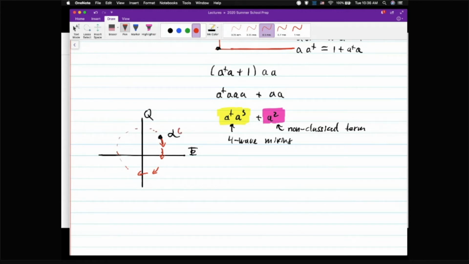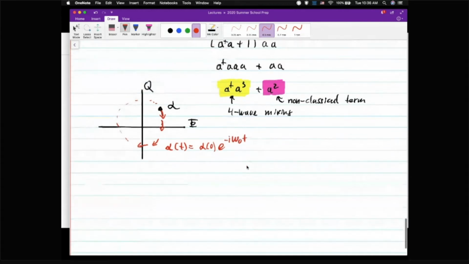And the rotation as a function of time of alpha, this evolution is governed by alpha of t is equal to alpha of some initial condition e to the negative I omega naught t, where omega naught is the frequency of the linear oscillator.